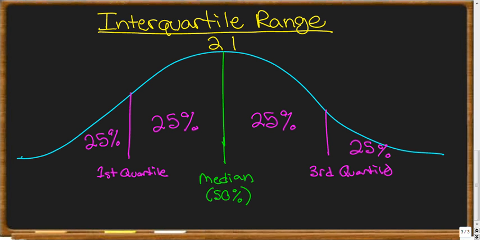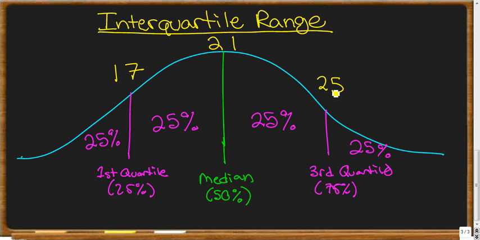So again, this is the 25th percentile, and this would be the 75th percentile. Let's say that the 25th percentile is, let's call it 17, and we'll say that the third quartile, so the 75th percentile, is at 25. Okay, so these are, again, made up numbers.